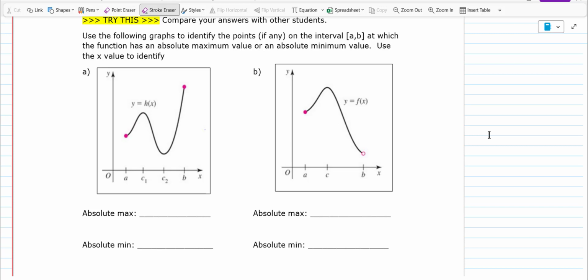I'm not going to really check your work too much. I'm just going to walk around and see where you're at. Shouldn't take you very long to do this. Just give me the x values. And sometimes you're not going to have any max or min. You may have none on some of these, just like what I was doing before.